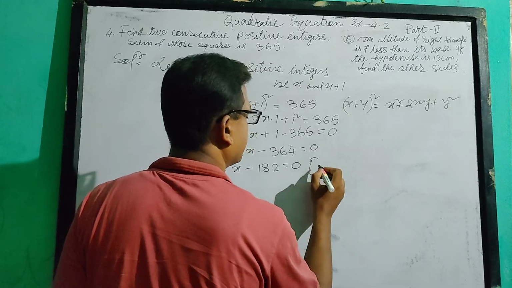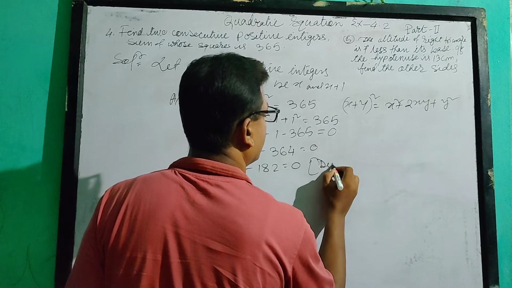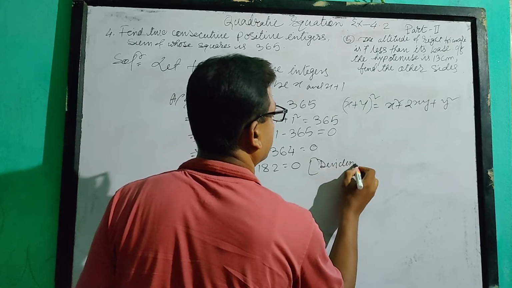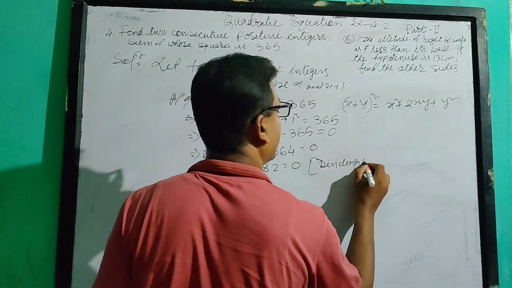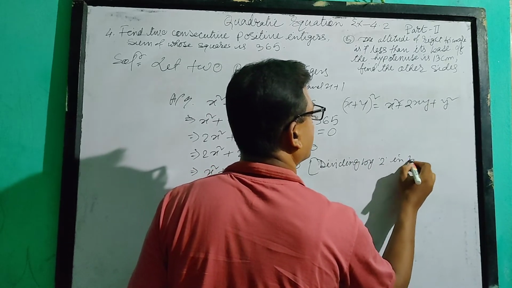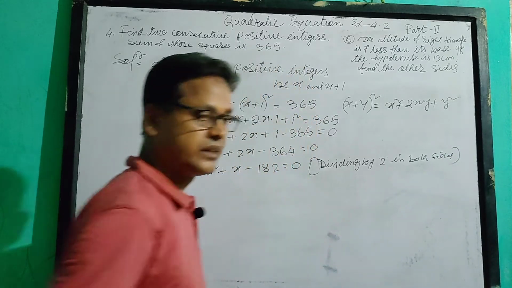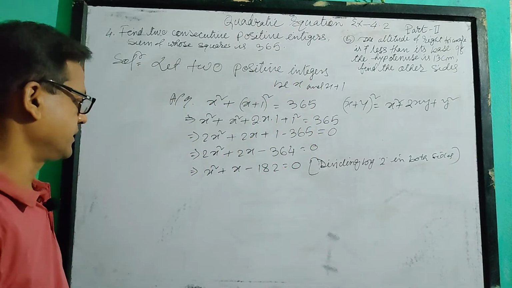You can write here: dividing by 2 in both sides. Dividing by 2 in both sides.